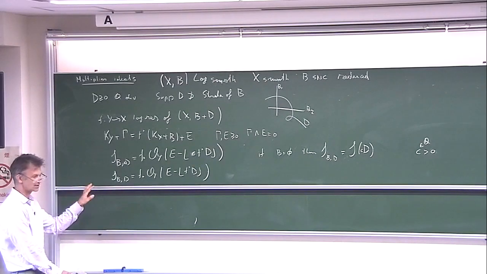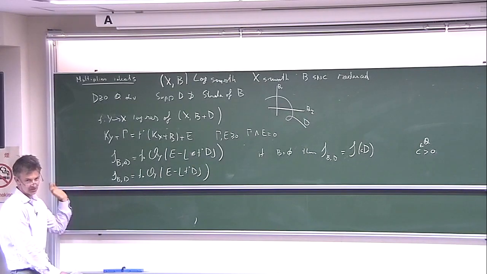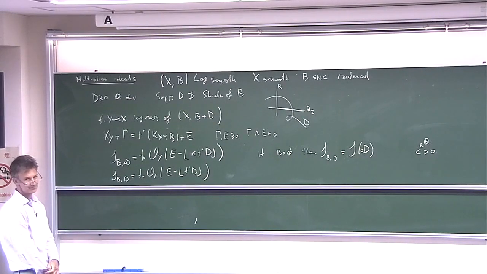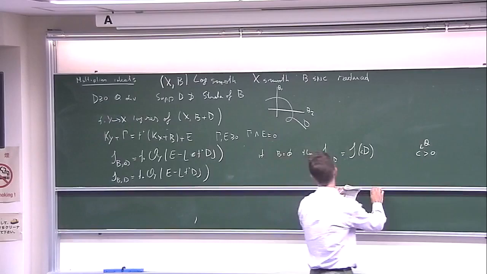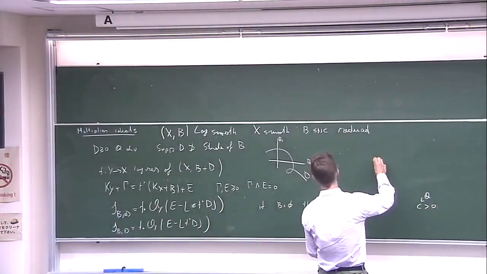Once I claim some vanishing, there will be an intelligent statement. But it's not so clear to me how you choose gamma and E.